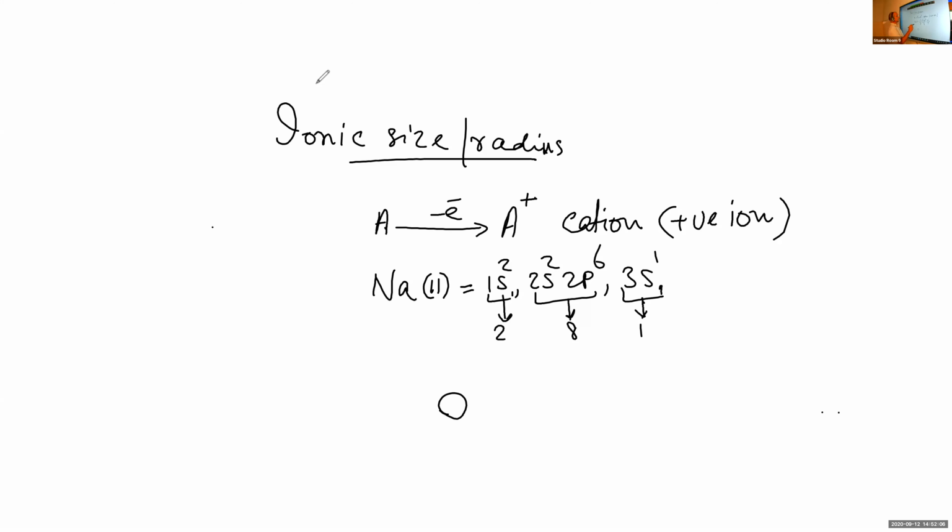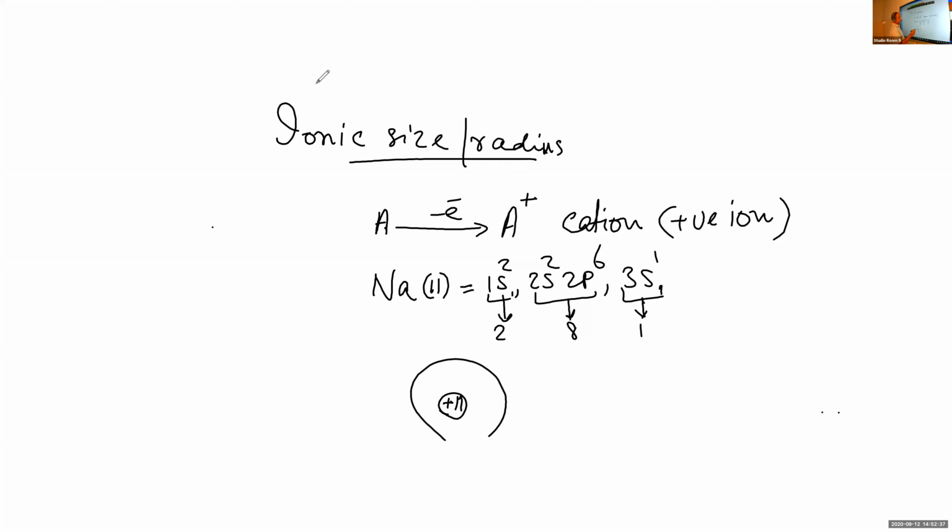But here the atomic number is 11, and therefore there will be plus 11. In sodium atom there are 11 protons, so 11 protons give plus 11 charge. That is the charge of the nucleus.